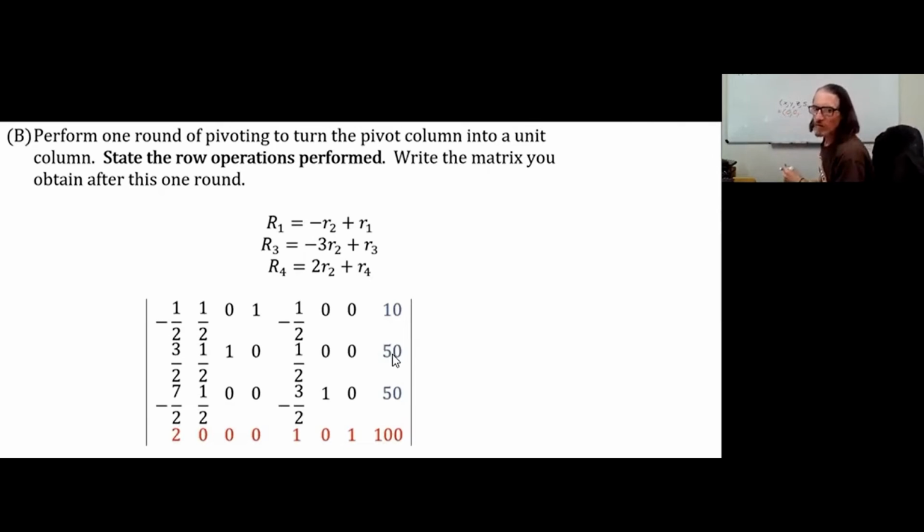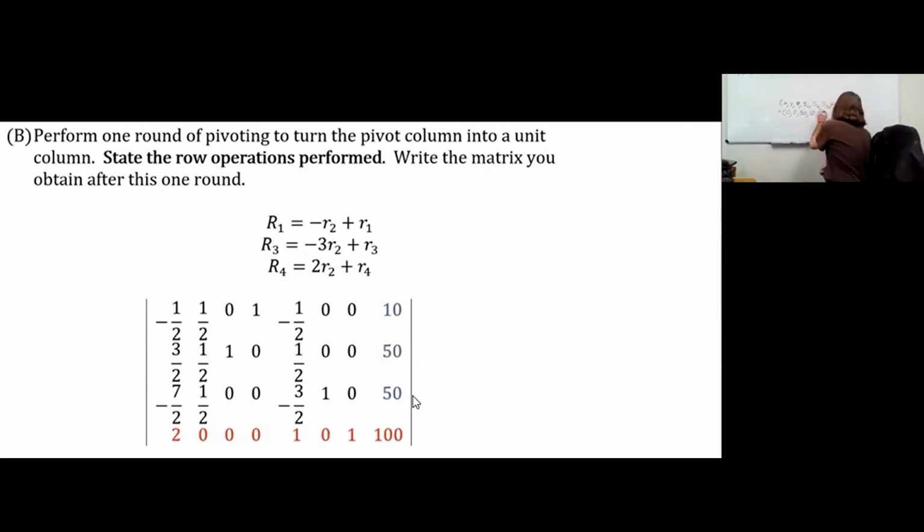So let's see, we saw that Z was 50. S sub 1 is 10. S sub 2 is 0. S sub 3, the 1 in the unit column is in row 3, so we track over to the far right.